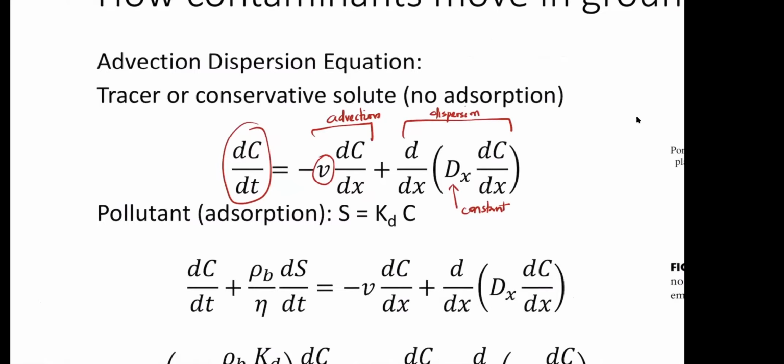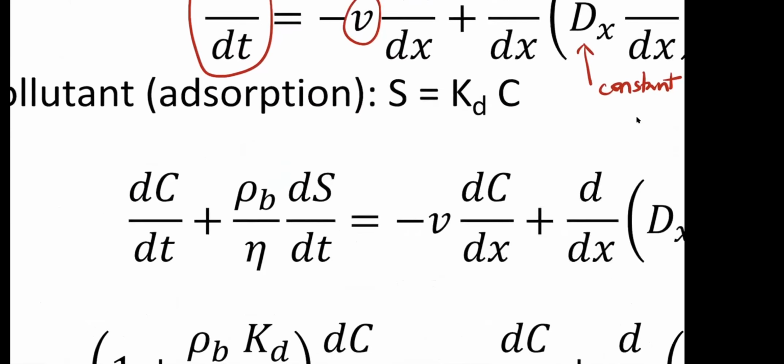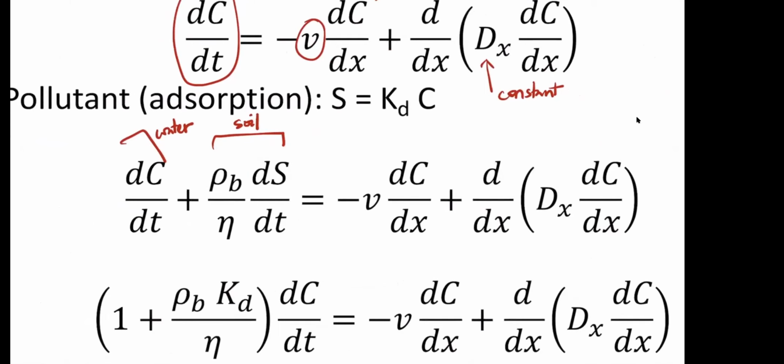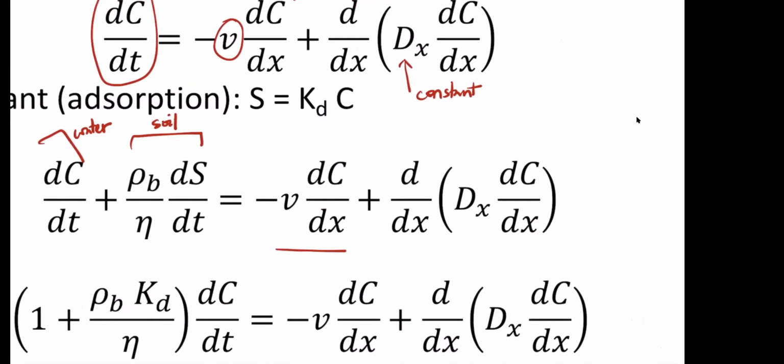But if you are accounting for how much it changes in a system, it also depends on how much is in the water as well as how much is in the soil. So this is the change in concentration in water, and this is the change in concentration in soil. That depends on exactly how much change in water, how much in dispersion.